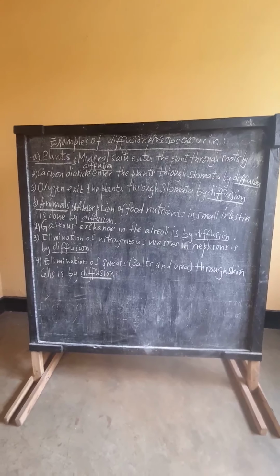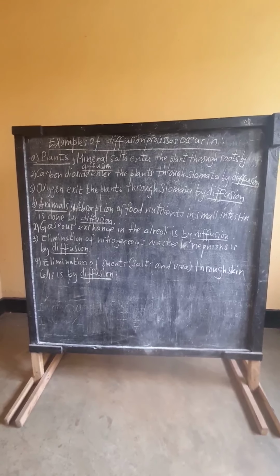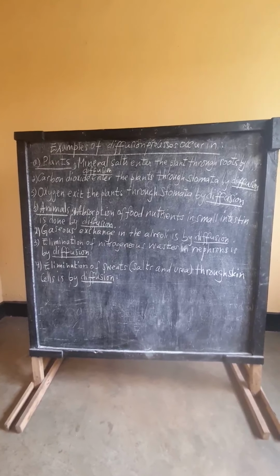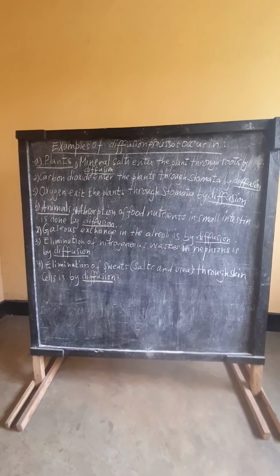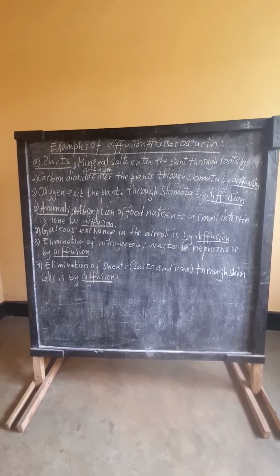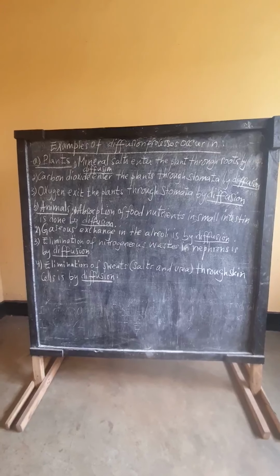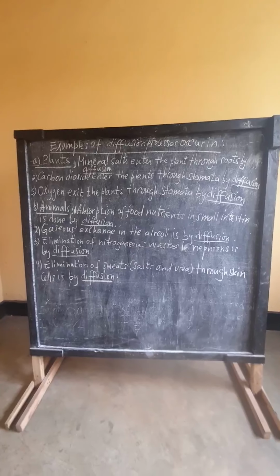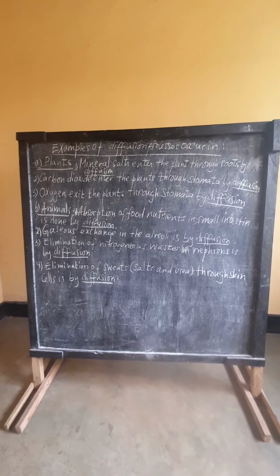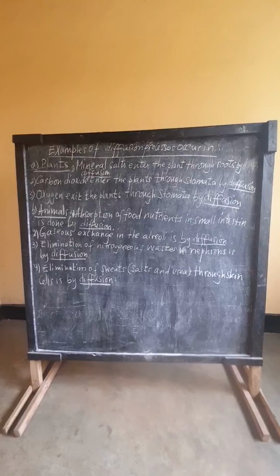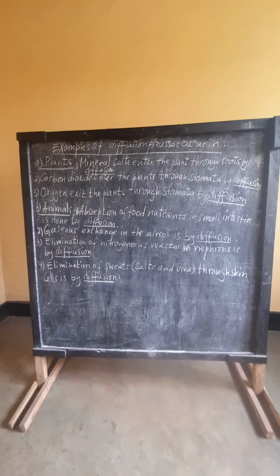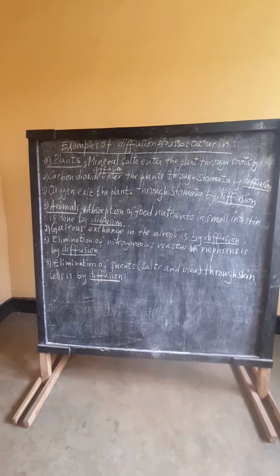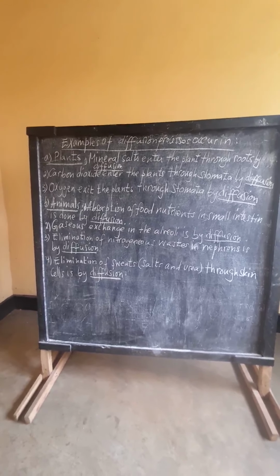After digestion, food nutrients must be diffused, must be absorbed, and join the general circulatory system for different purposes, of course, for growth, for repairing tissue, and so on. And that movement, that absorption, is done by diffusion.